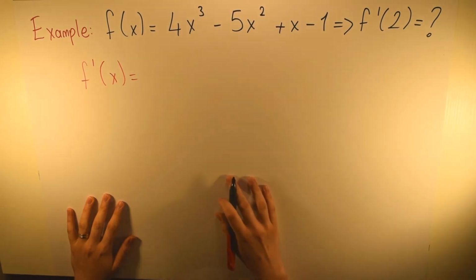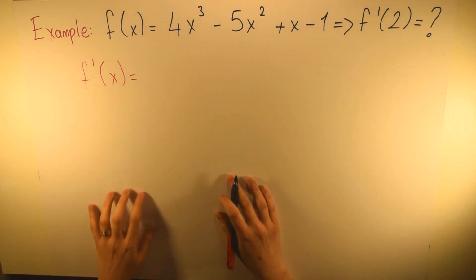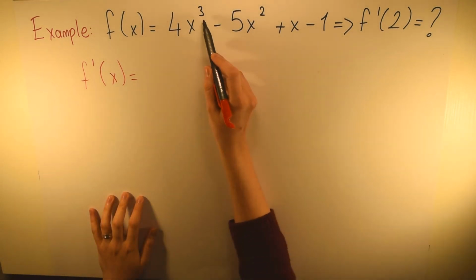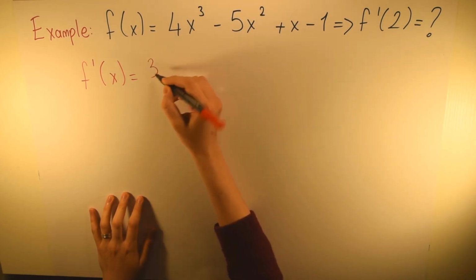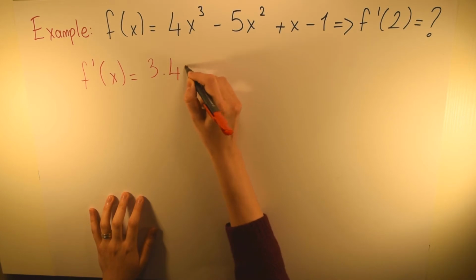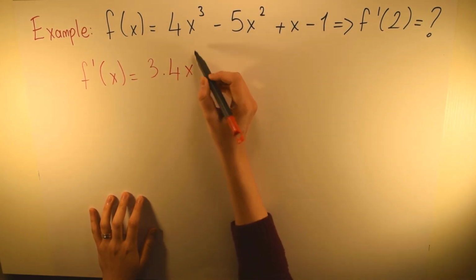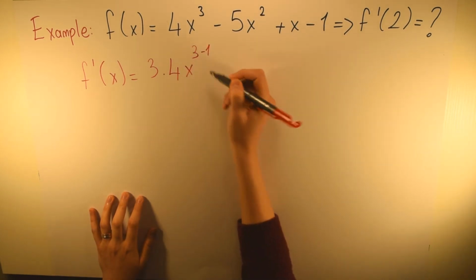So here, how do we find the derivative of f of x? We will apply the power rule, right? So we put this exponent in front of this value, and it will be 3 times 4x to the power of 3 minus 1, right?